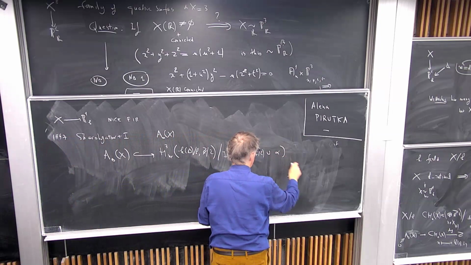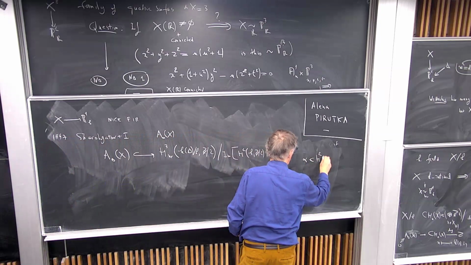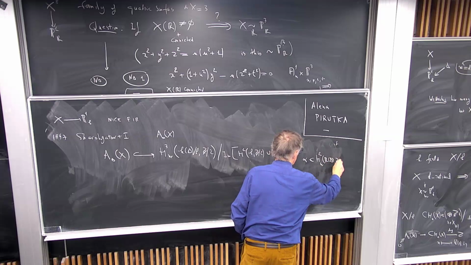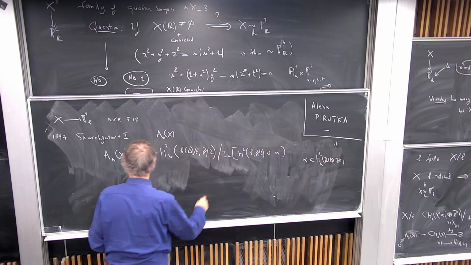This alpha I can also view as a class in H2 unramified of delta, in fact with coefficients Z/2. So there's an injection, and this is quite explicit.